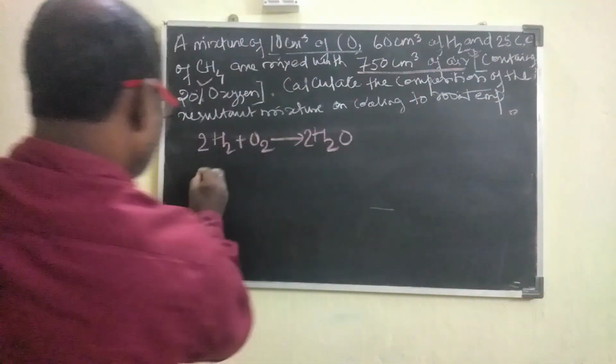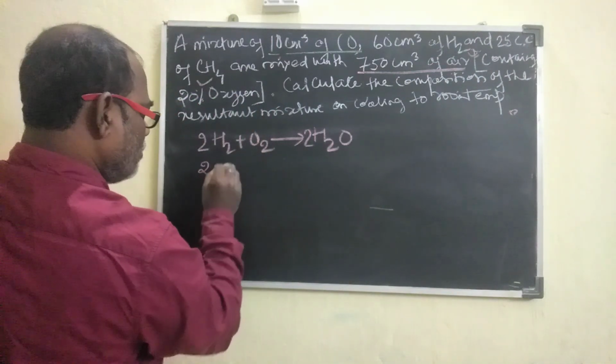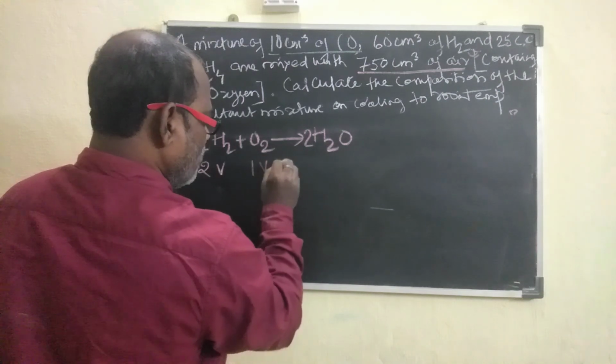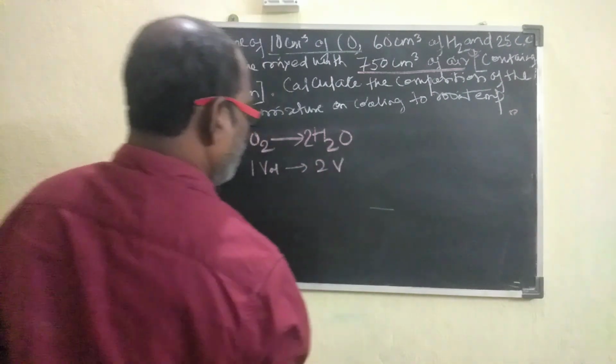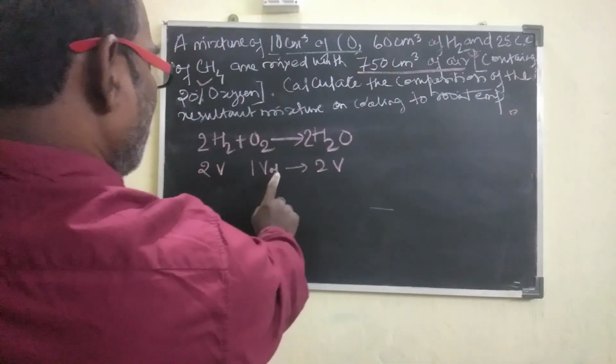Now we can write by using gaseous law, again we can write here 2 volume of hydrogen requires 1 volume of oxygen to produce 2 volume of water. So 2 volume of hydrogen requires 1 volume of oxygen.